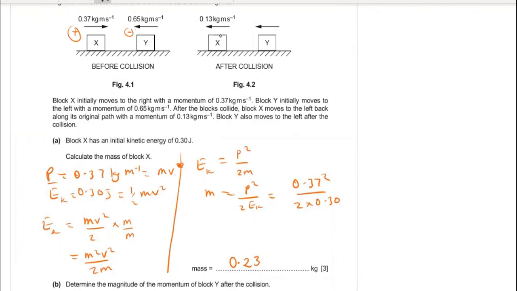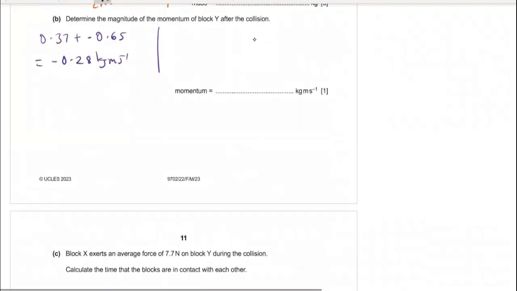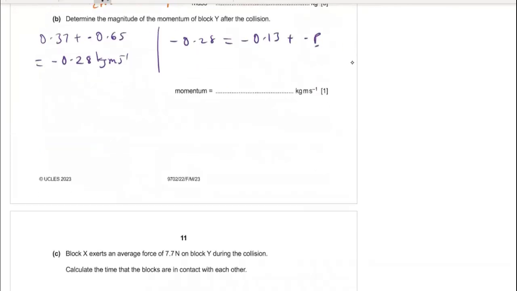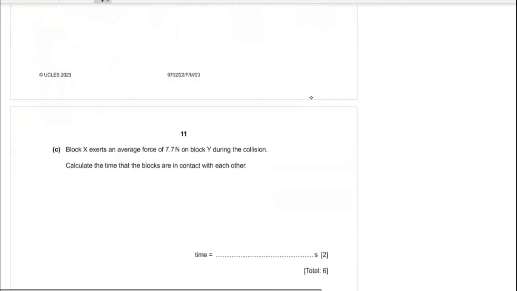Now X and Y after collision are moving to the left, which we have taken to be negative. Momentum before collision is negative 0.28, which should be equal to negative 0.13 plus negative p, where p is the momentum of Y after the collision. So from here, negative 0.15 is equal to negative p. Therefore, the momentum will be 0.15 kilogram meters per second.